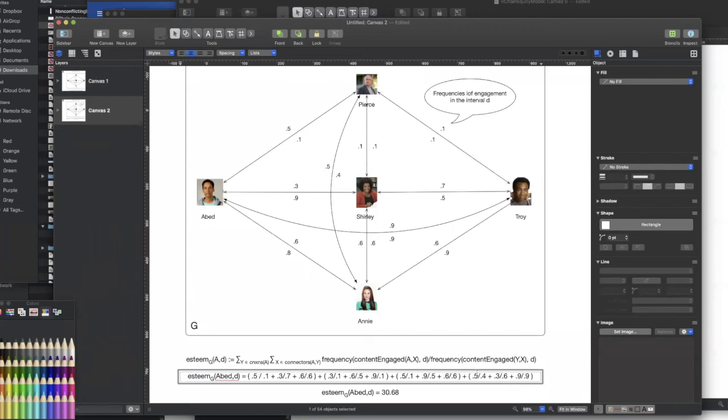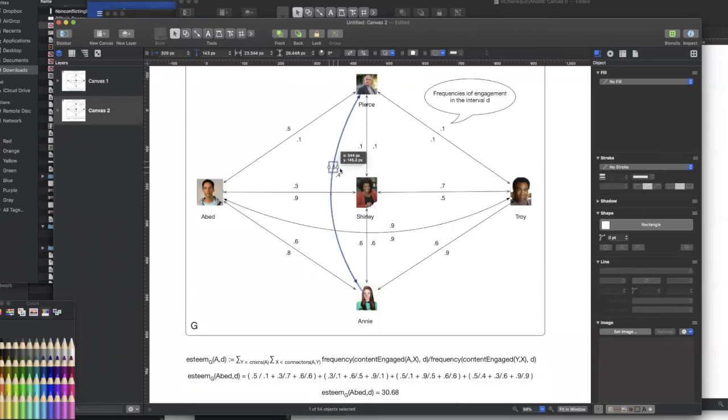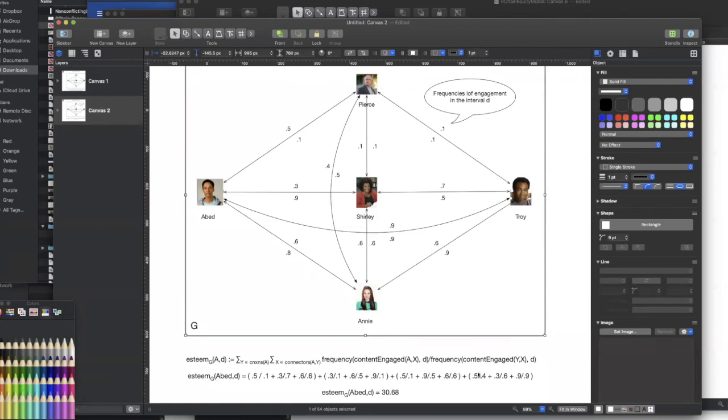So that's 0.5 over 0.4. I'll go ahead and fix this. Okay, there we go. So that's clear. So 0.5 over 0.4, does that make sense to everyone?